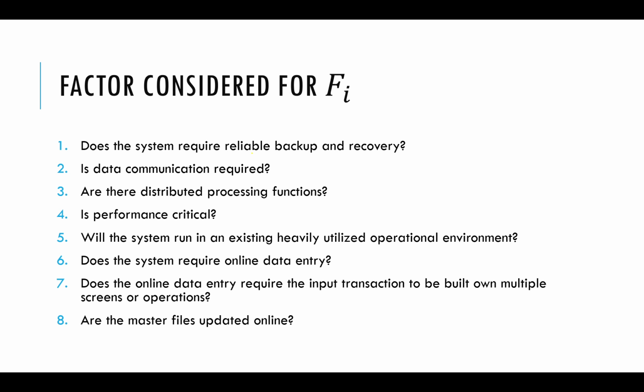They are just for knowledge purposes. For example: is data communication required, is performance critical or not? Does the system need backup and recovery? Does the system handle multiple installations? Is the system designed for change or reusability? These are examples of these factors.